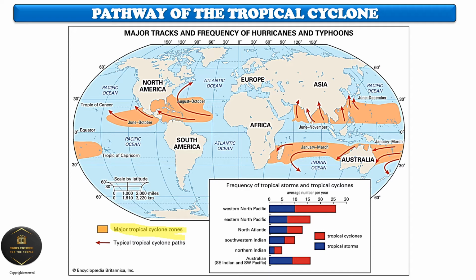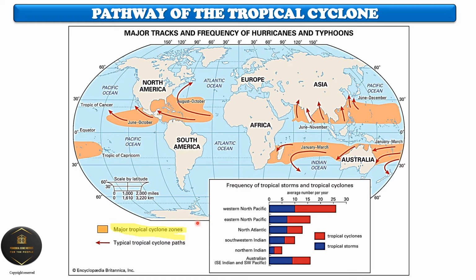So you see that the peach part is showing us the major tropical cyclone zones, and you see that hurricanes will form between June and October in parts of North America, and in parts of Asia, your typhoons, remember they are called as such there, will form between June and December, and in the southern hemisphere, they will form between January to March.